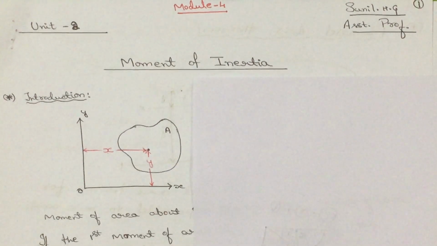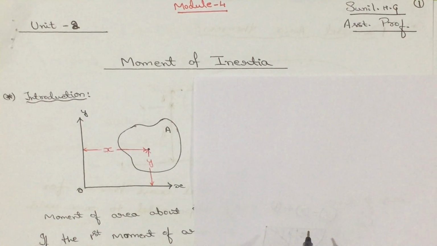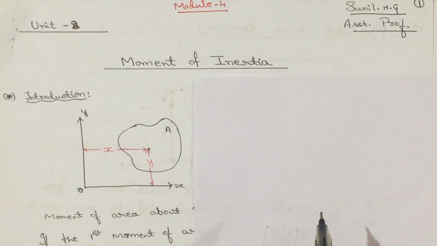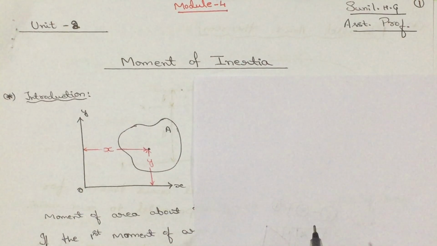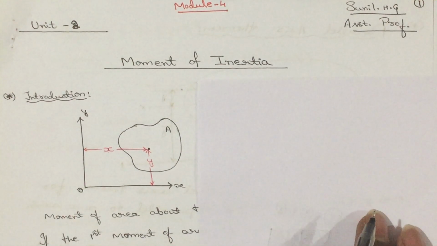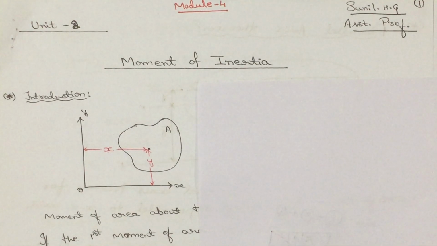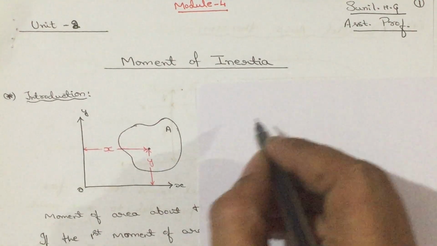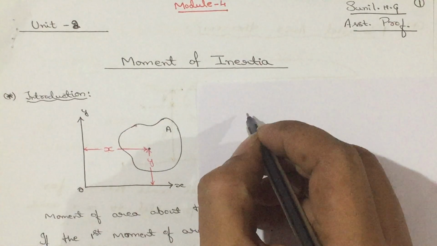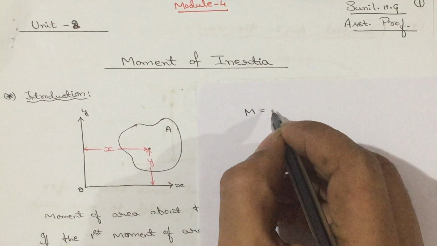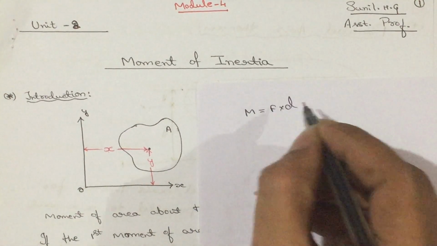If we observe the formula in the case of the centroid, x bar is equal to summation of ax divided by summation of a, and y bar is equal to summation of ay divided by summation of a. That is what ax and ay are. We know that moment of a force is given by force into perpendicular distance.